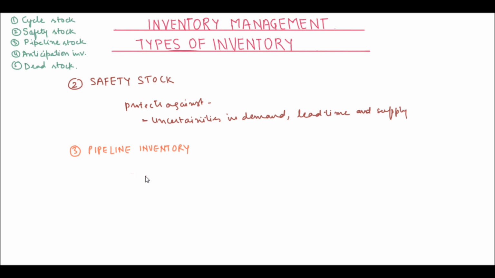For example, the material may move from your supplier to your plant, now within the plant it may move from operation 1 to operation 2.